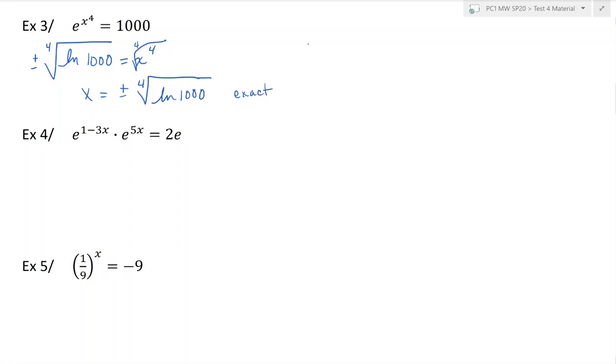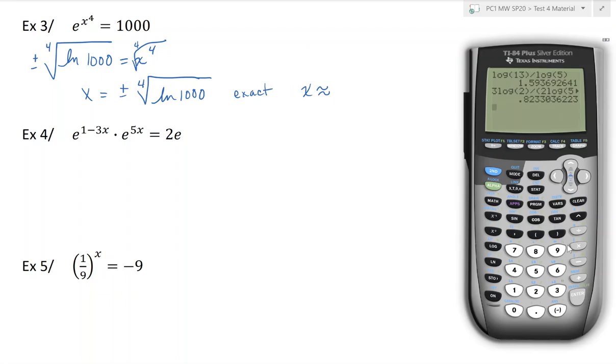And then the approximate answer is, grab the calculator, we have the natural log of 1,000 there, and you can take that to the 1/4 power, and so we get approximately plus or minus 1.621.